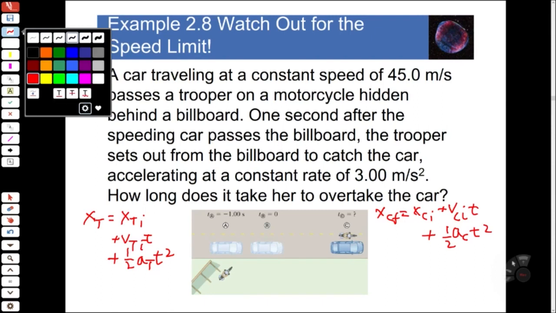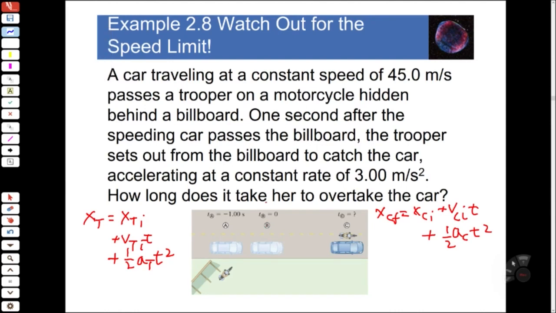So for example, suppose I take this position to be 0. This one is x equals 0 position. Then the car starts from here at t equals 0 at a constant speed, so it starts at initial position 0.